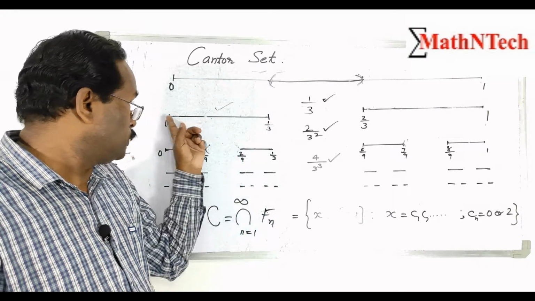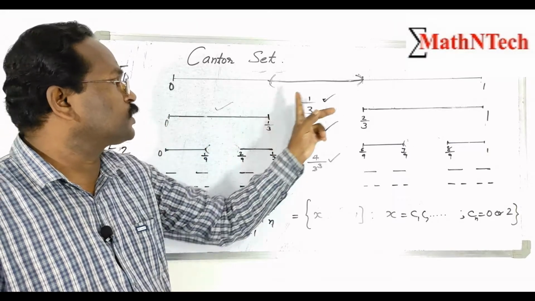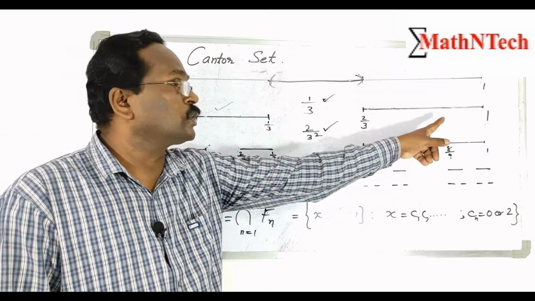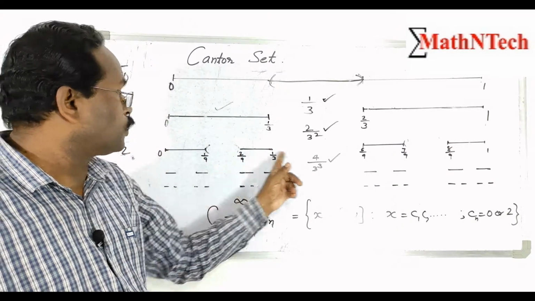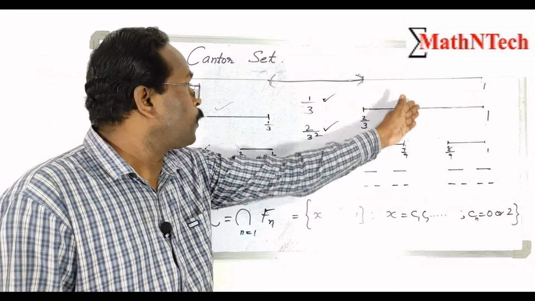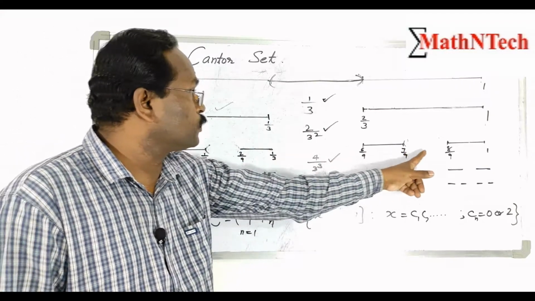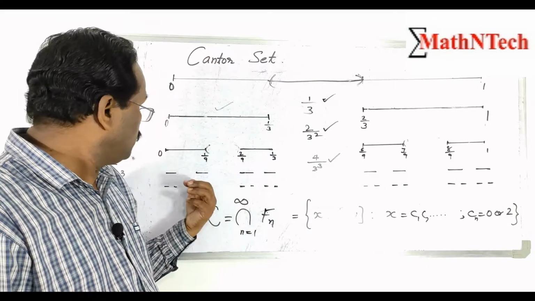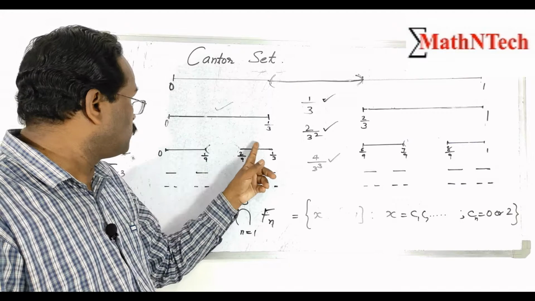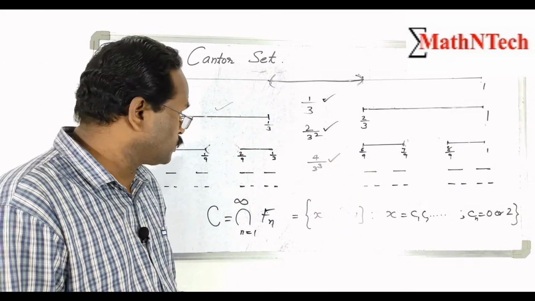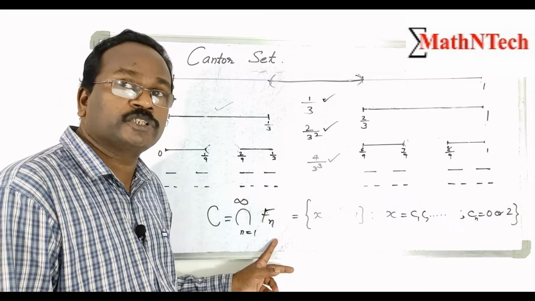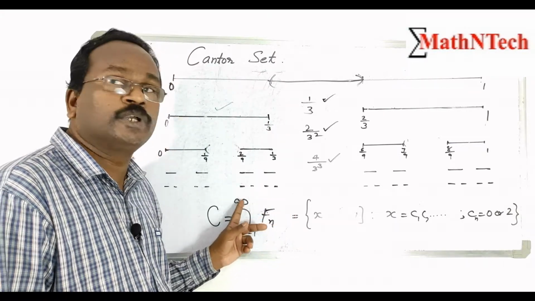These two intervals, the closed interval [0, 1/3] and the closed interval [2/3, 1]. And F2 equals what? 4 closed intervals. Removing the open middle third, we get 4 closed intervals. Then removing the open middle third again, we get 8 closed intervals. They are denoted by F1, F2, F3, etc. Their intersection is the Cantor set.